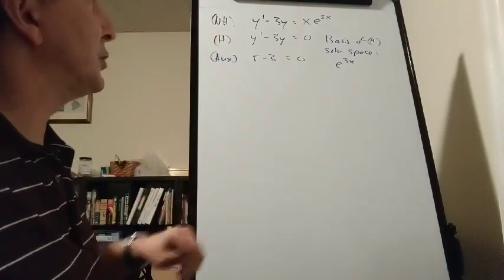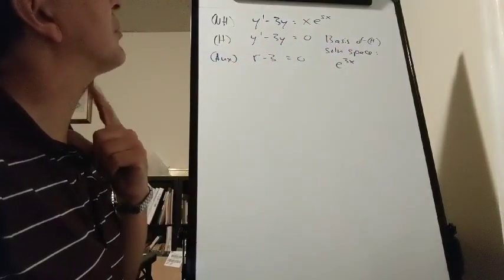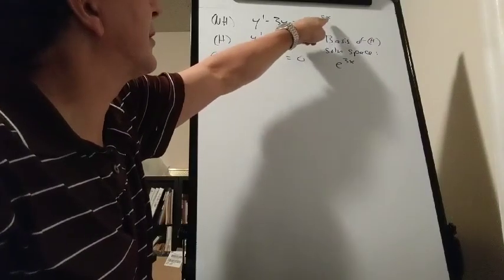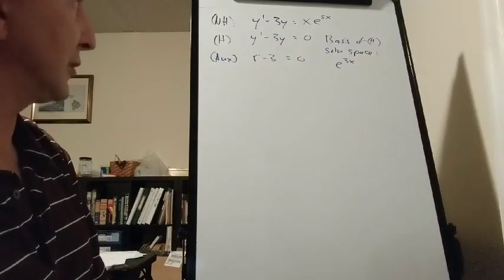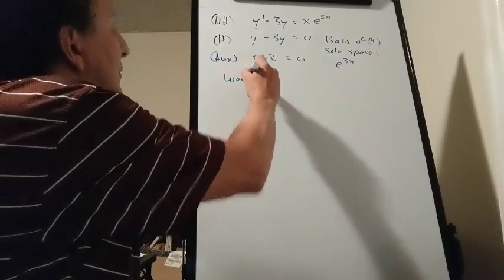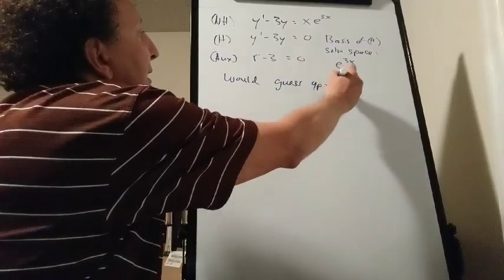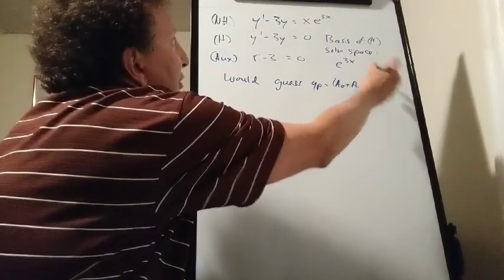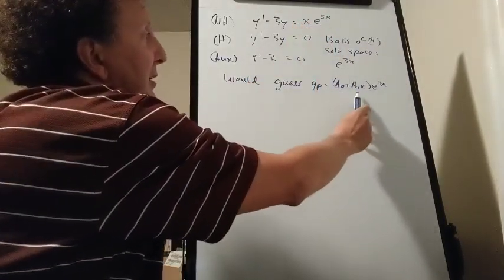Alright, so now we've got two complications. We're multiplying e to the 3x by x here, and we need to multiply by an extra x to compensate for the fact that e to the 3x already appears as a solution of the homogeneous equation. So we would guess yp equals a0 plus a1x times e to the 3x just by the form here. We've got a first degree polynomial, so we have our general first degree part here.